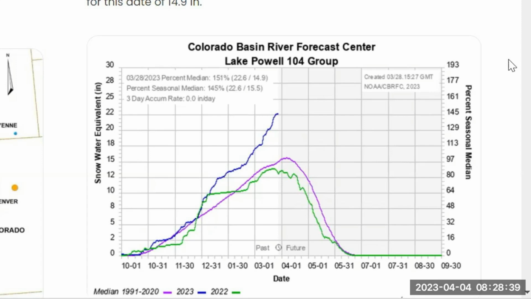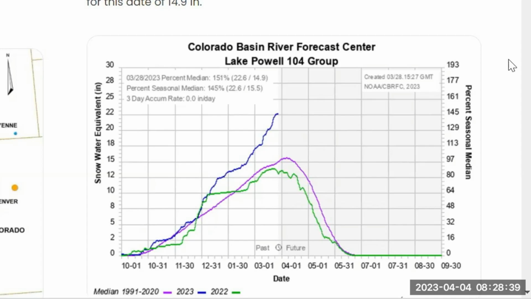What you're looking at here is 2023, that blue line that's jacking way up above the crest. The previous year, 2022, is the green. And the 30-year average of 1991 to 2020 is that purple line. They update this almost daily. You can see that we are having a very good year in the snow equivalent arena, and that means good news for us.